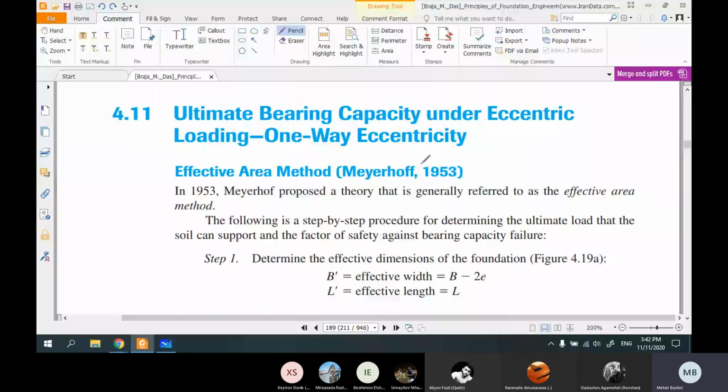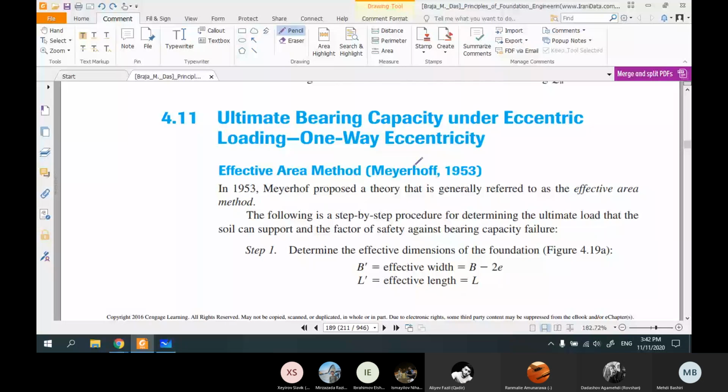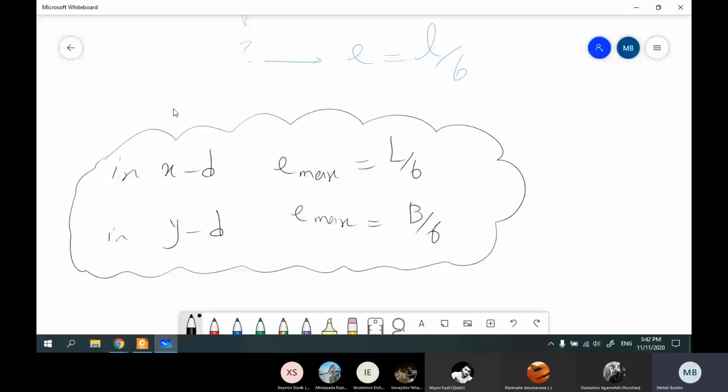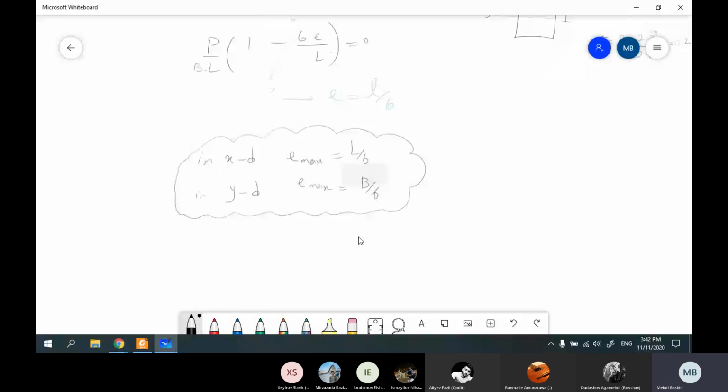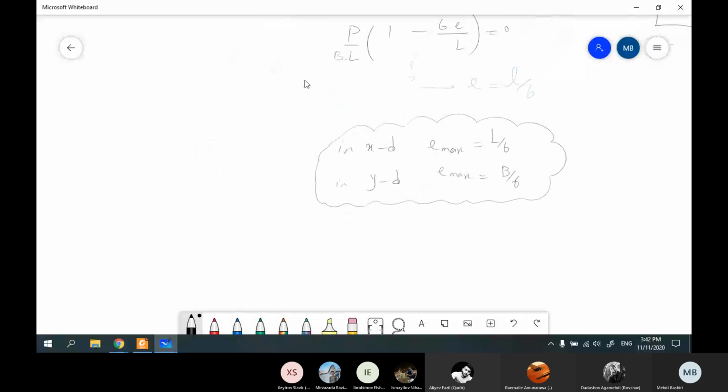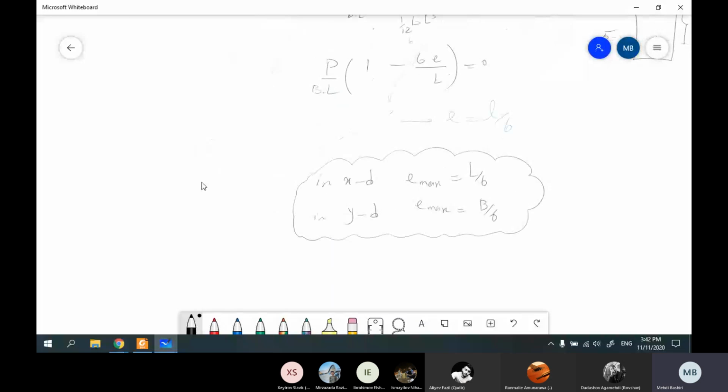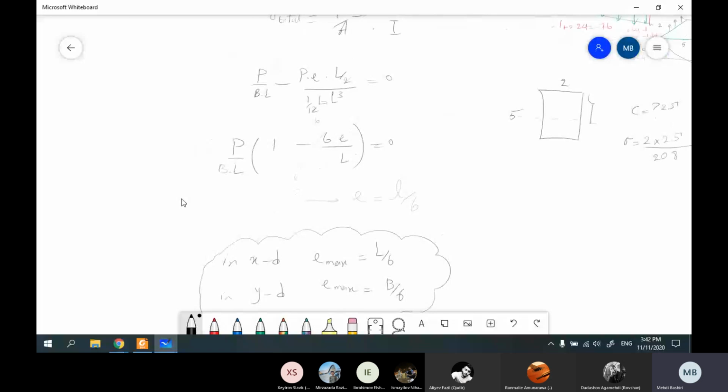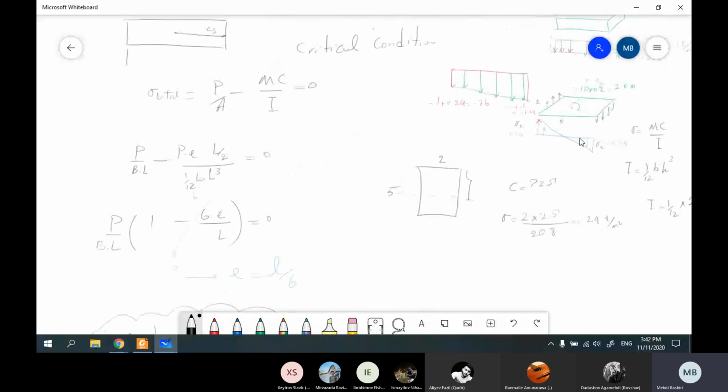I explained the whole concept about eccentric foundation. You just saw that it's not complicated, but you need to find many factors.